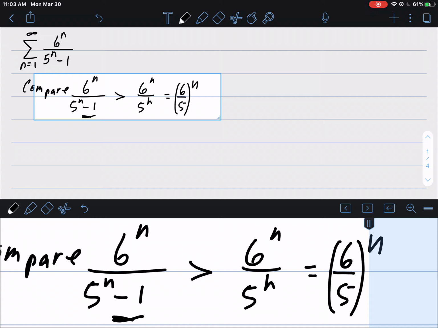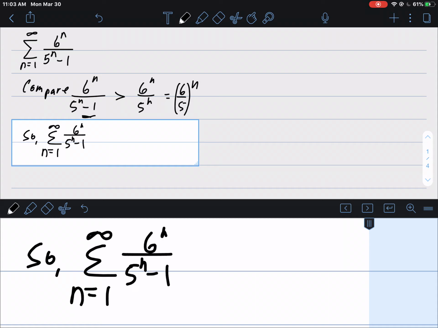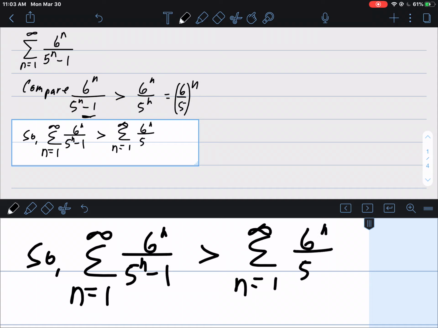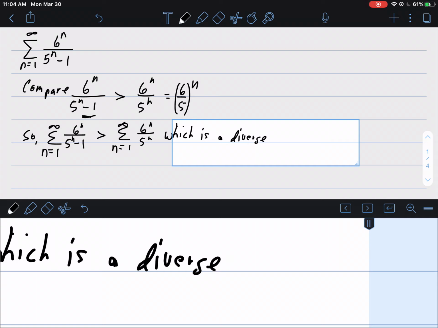Now, that's just the comparison. So what can I then say? I can then say that the sum from 1 to infinity of our series 6 to the n over 5 to the n minus 1 is greater than the sum from 1 to infinity of 6 to the n over 5 to the n, which is a divergent geometric series.